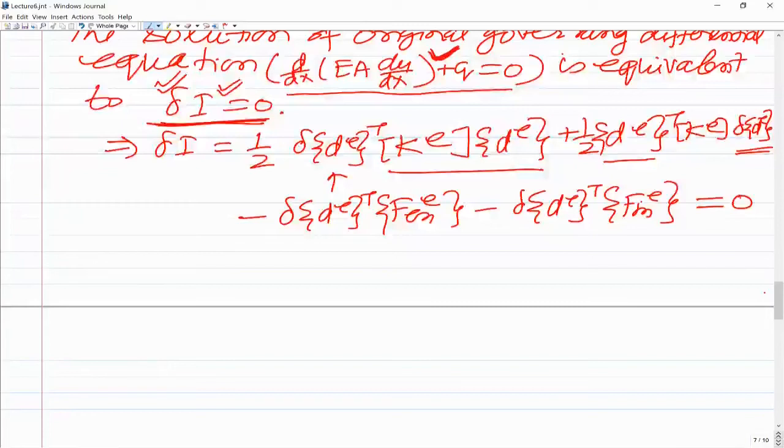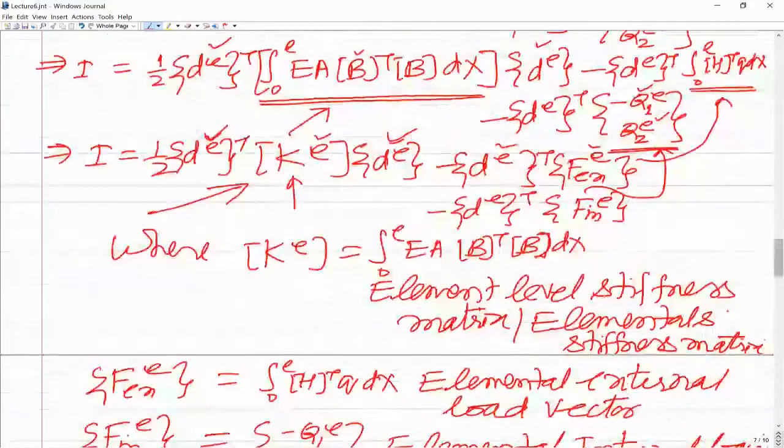Now we want to do a little more here. Although these terms look like two different terms, this is one term and this is another term, if you look at, Ke is of size 2 by 2. Why size 2 by 2? Because here we have defined Ke.